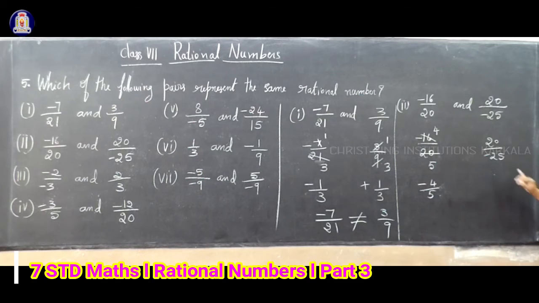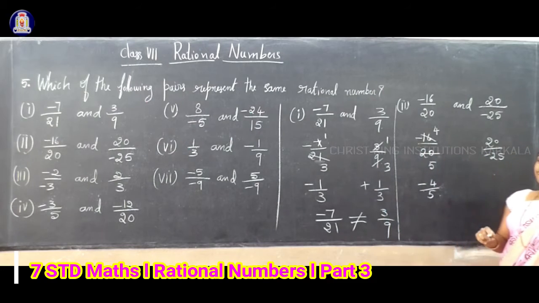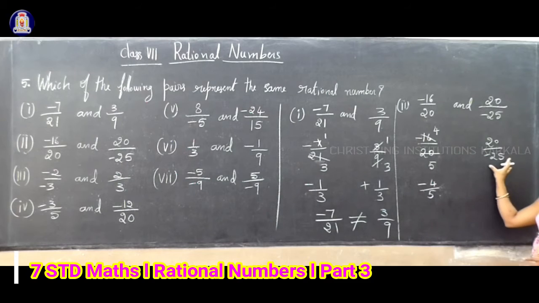Now the second rational number, that is 20 by minus 25. If you simplify, see the numerator and denominator. Numerator is 20 and denominator is minus 25. Both are divisible by the same table. Which table?